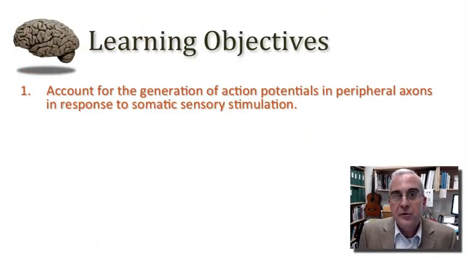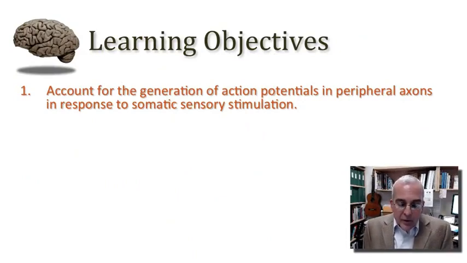So I have several learning objectives for you. I want you to be able to account for the generation of action potentials in peripheral axons in response to somatic sensory information. Now, the somatic sensory system will be the first of the sensory systems that we consider, so I think it's useful to see how this general problem of action potential generation in a sensory system is realized in this one domain of sensation, that of somatic sensation.